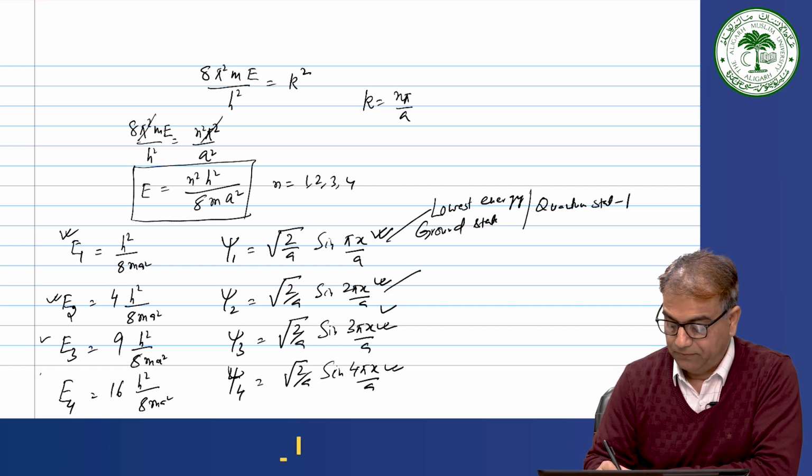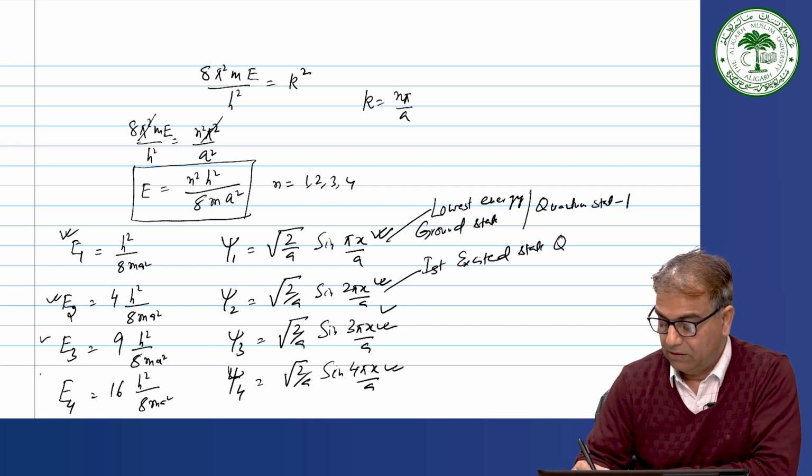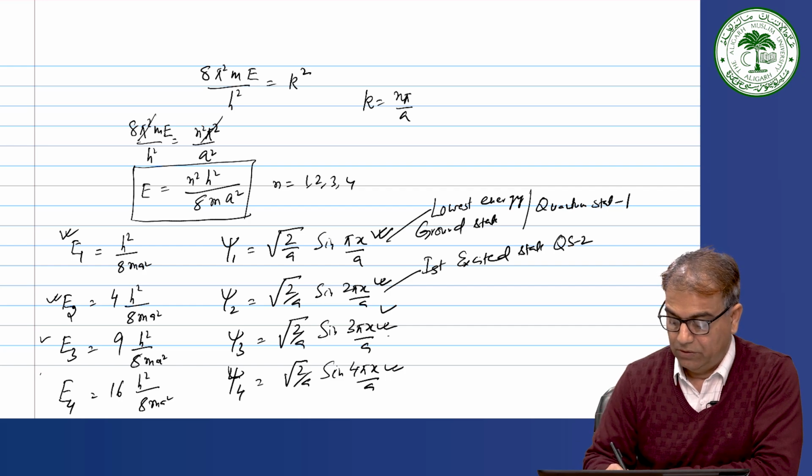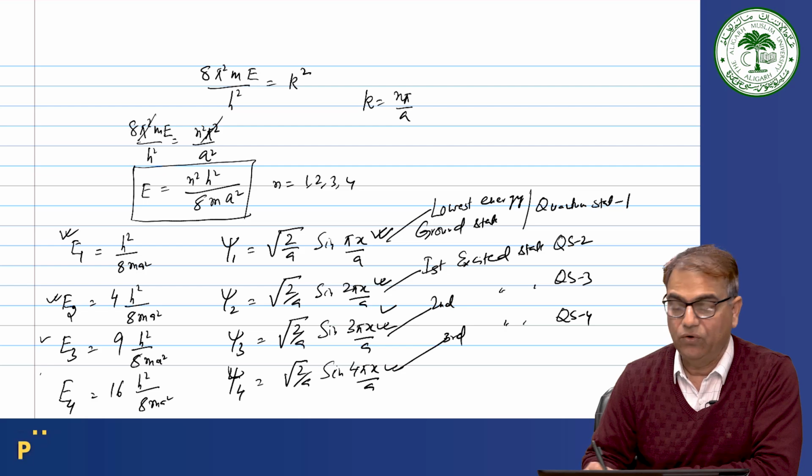Then this is your first excited state, quantum state 2, second excited state, quantum state 3, and so on. Third excited state, quantum state 4.